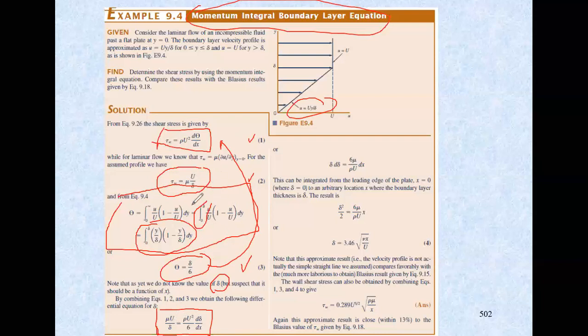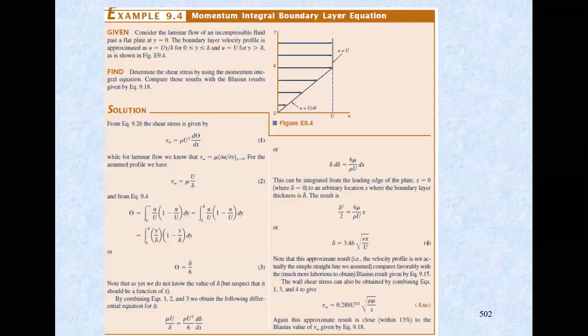Okay, so this tau_w is mu U over delta, and this one coming from this equation. So this part coming from equation 1, this part coming from equation 2. Equalize them to get another relationship of delta in terms of x.